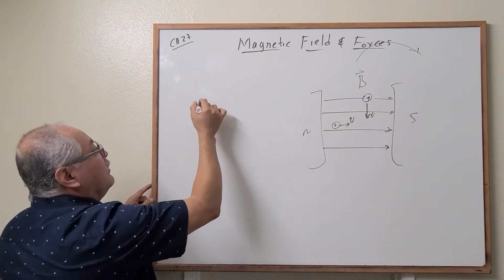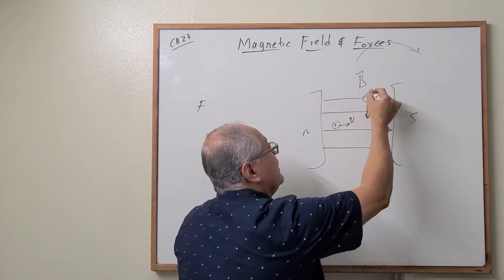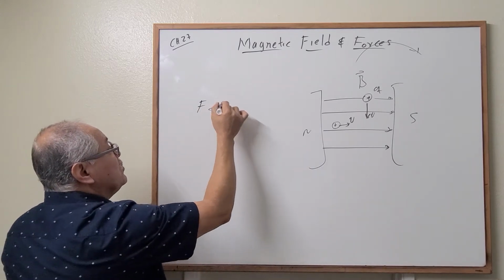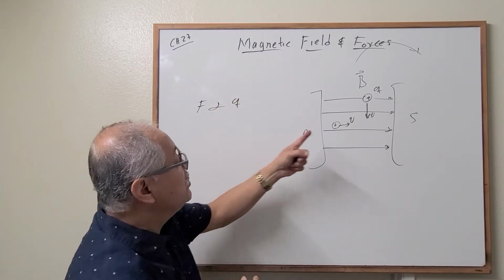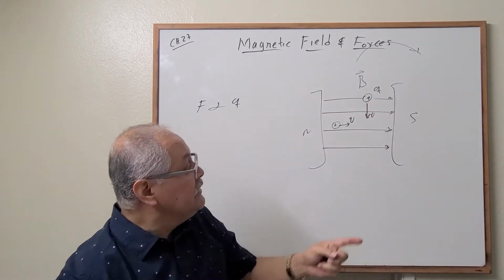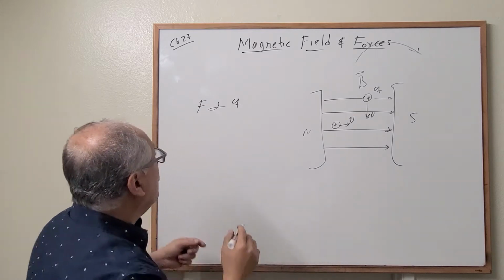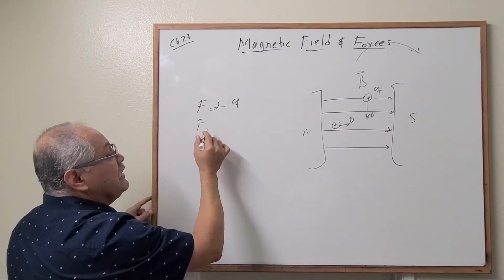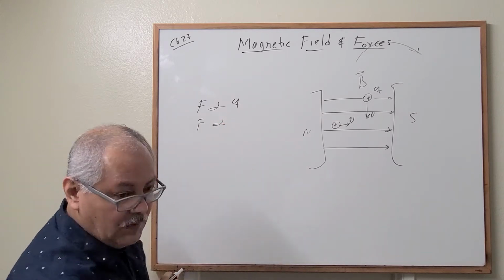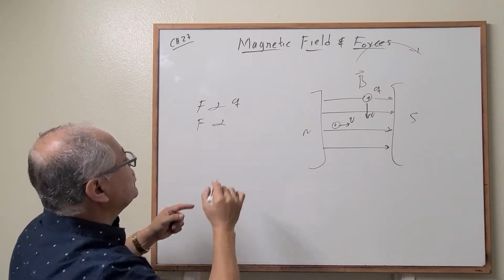Now, let's create these conditions right here. Imagine that we're looking for the force experienced by this charge. By convention, we have the positive charge. It's found that the force is proportional to the charge. If we increase the charge of the particle inside the magnetic field, the force increases. Also, it's proportional to velocity.